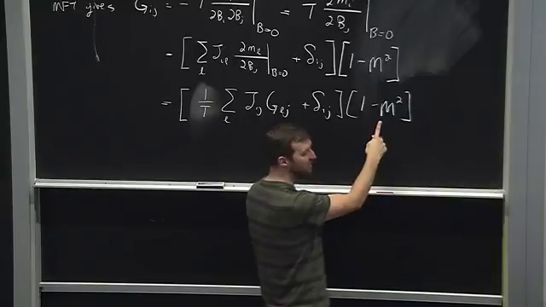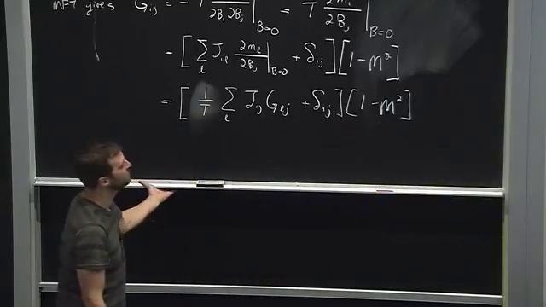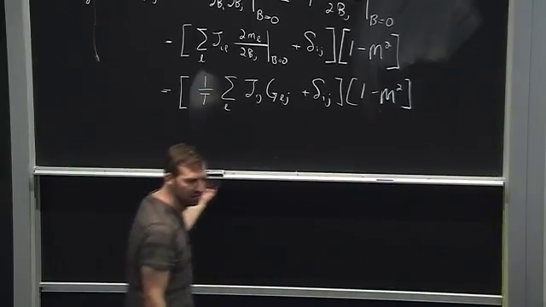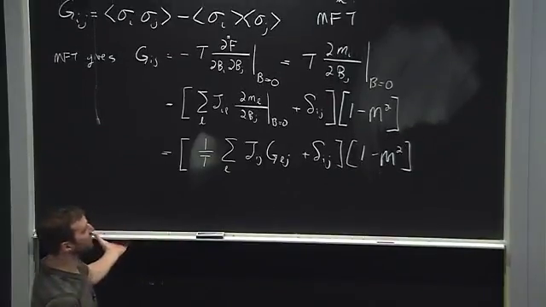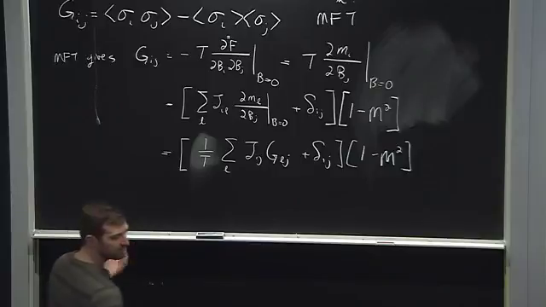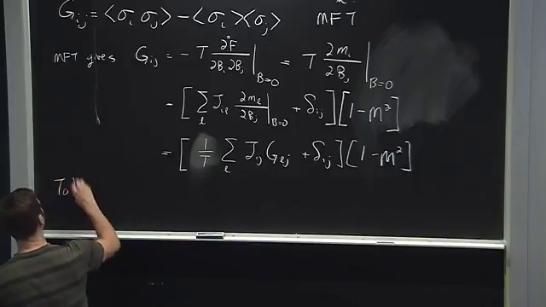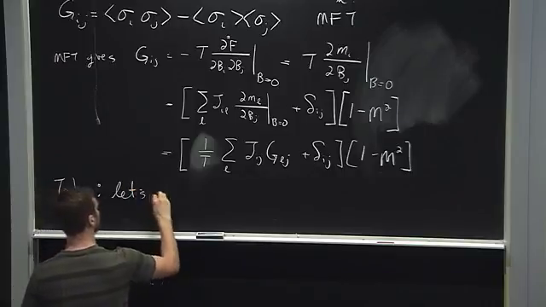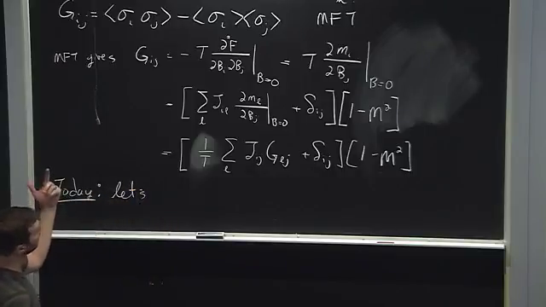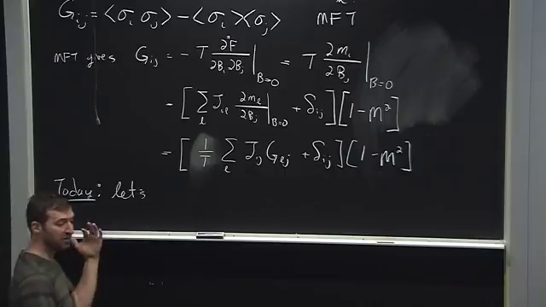Okay, so that's for T below T_c. So I think your second question on homework 2, which I'll bring Friday, will be related to what I'm doing today in class. So today, let's calculate the mean field two-point correlation function above T_c.